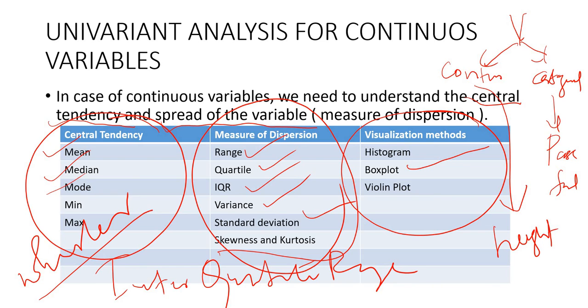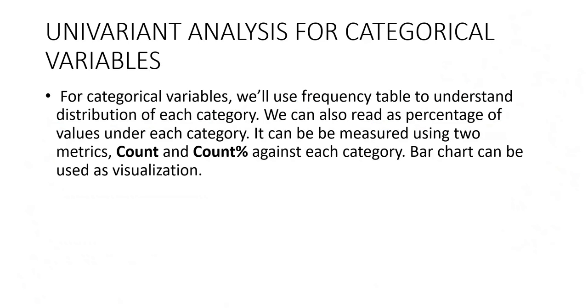Fine. So you understood what a continuous variable is. Then what is the univariate analysis for a categorical variable? I already told you what a categorical variable is. For example, gender, or whether the student passed the examination or not. Gender, male or female, are categorical variables. For categorical variables, we shall use a frequency table. Very important. This is what you need to understand.